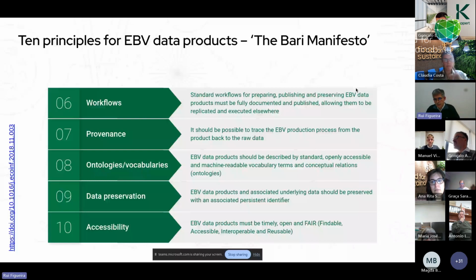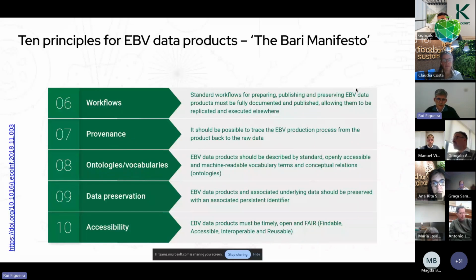We should support this with ontologies and vocabularies to promote standardization of data and use of data, and enable data preservation so that we ensure that in the future, even for uses that we didn't foresee at first, that data can be used, there will be opportunities for that.